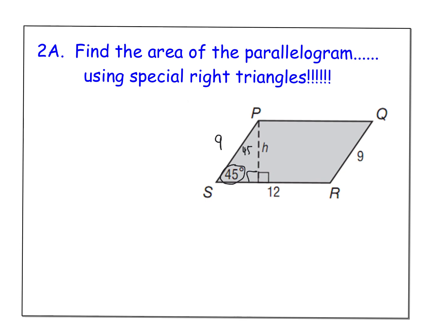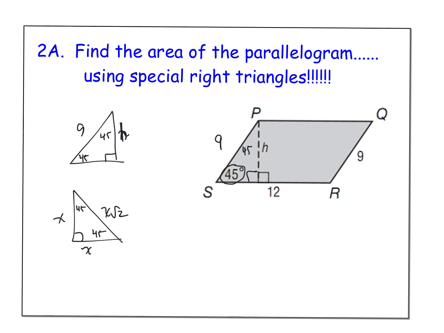So now let's kind of just sketch out our situation here. 45, 45, 90, and my hypotenuse is 9. I need to figure out my height. Well, if I can remember what I know about 45, 45, 90, that's going to be x square root of 2. So x square root of 2 equals 9.